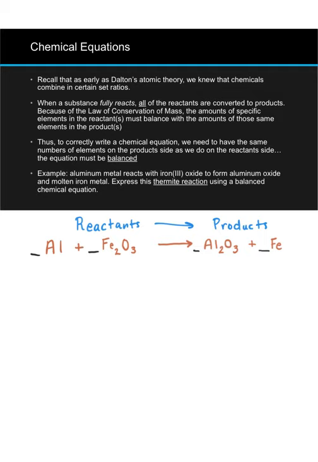To balance a chemical reaction, I'm going to come up with a list of all of the elements of each type that are present on the reactant and product side. According to the law of conservation of mass, we can't have an element on one side of a reaction and not on another. So, firstly, we've got aluminum on the reactant side.